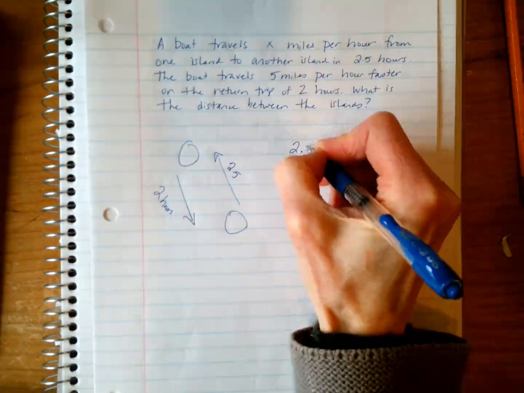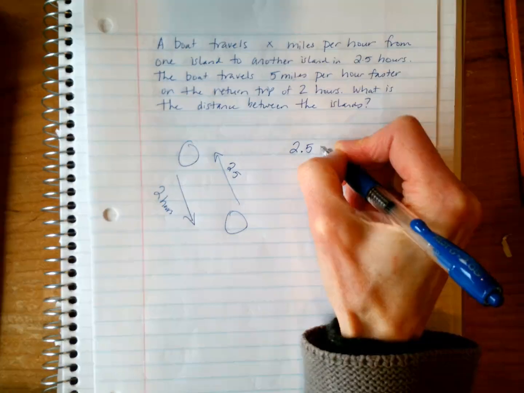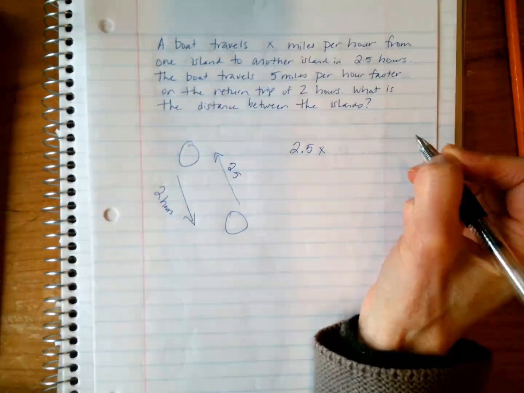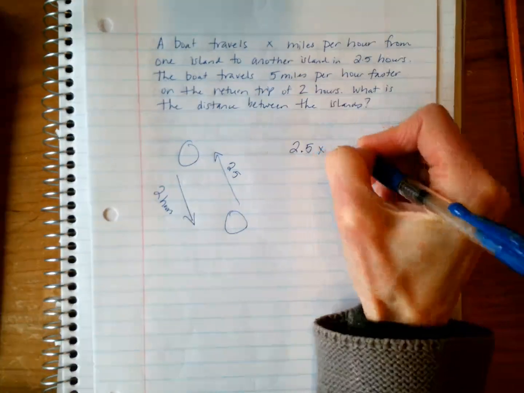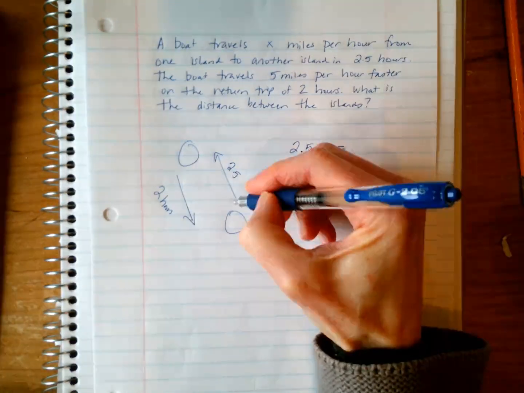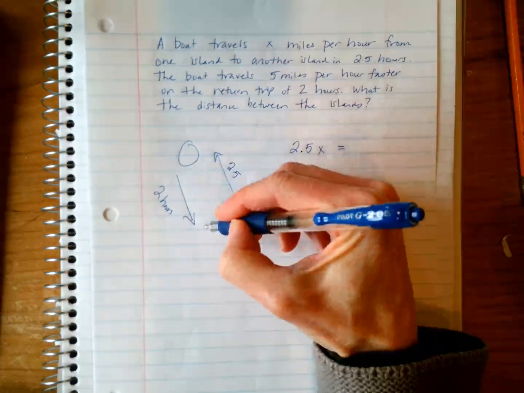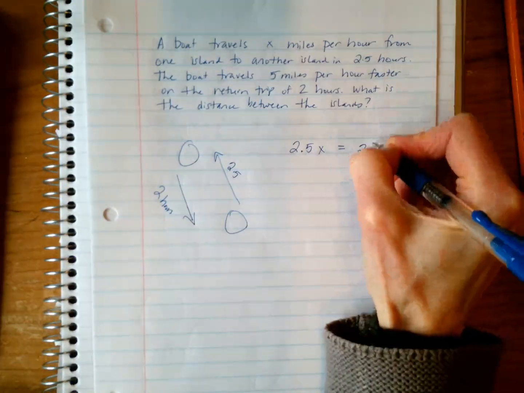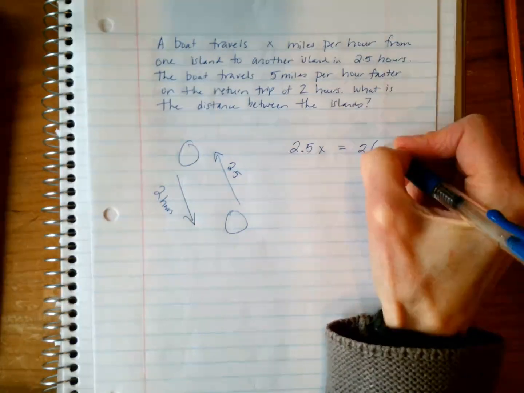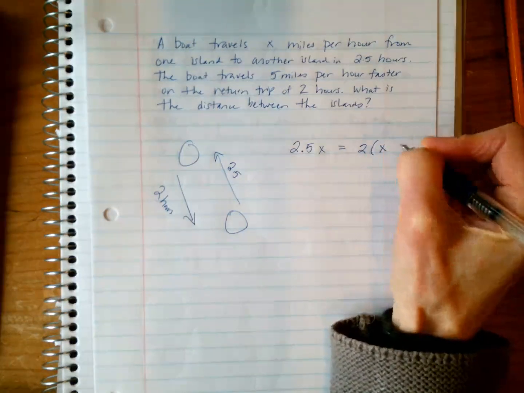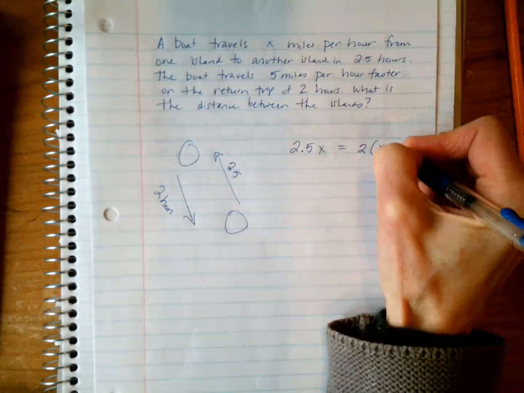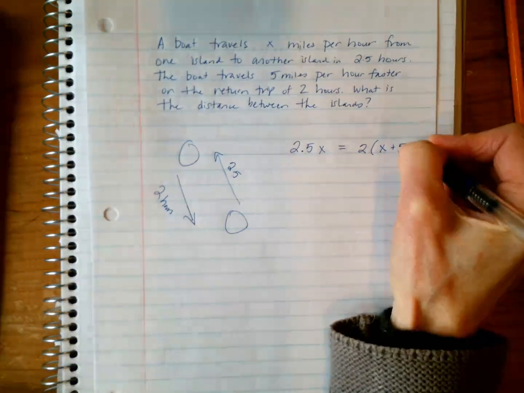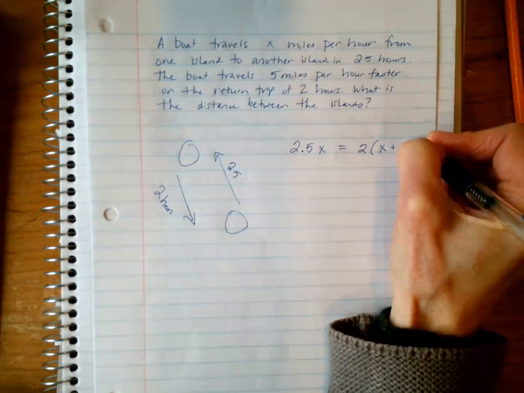So the 2.5 hour trip, they traveled an unknown number of miles per hour. That unknown number we're going to represent with x. We know that this trip, distance-wise, is equivalent to the return trip. And that return trip took them 2 hours because they were traveling a certain number of miles per hour, and we know they were also going 5 miles an hour over what they did on that initial trip.